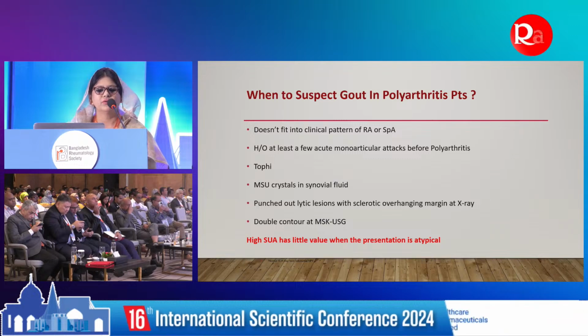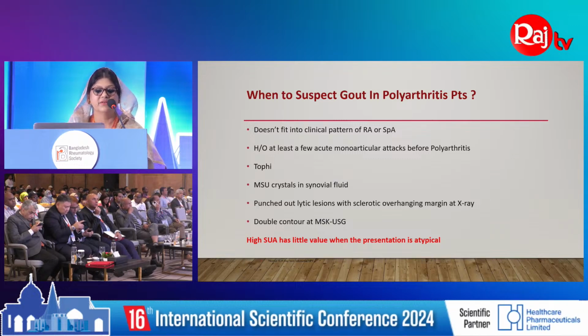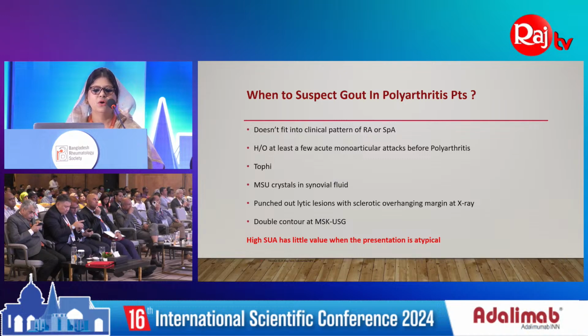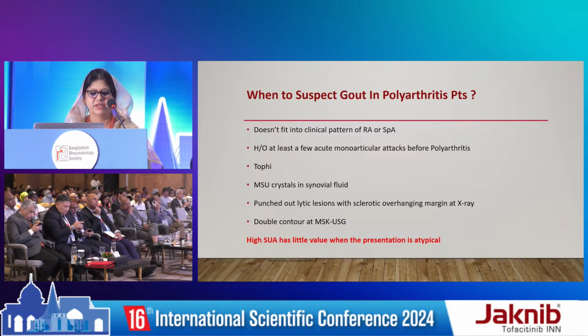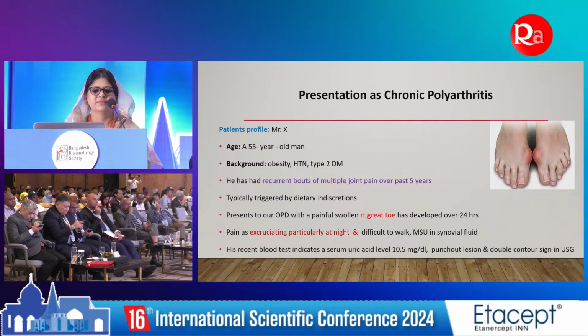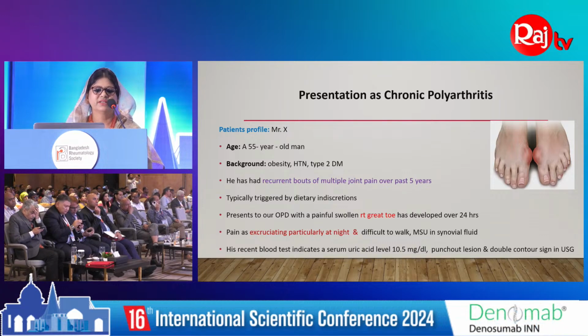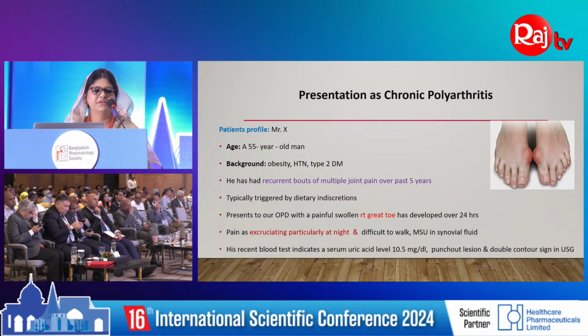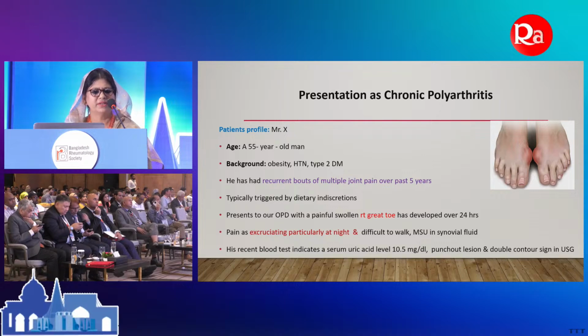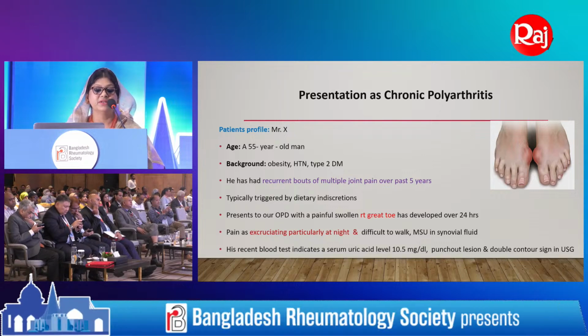Distinguished guests and learned audience, you know that a high serum uric acid level has little value when the presentation is atypical. Presentation of chronic polyarthritis like this: a 55-year-old man who is obese, hypertensive and has type 2 diabetes.